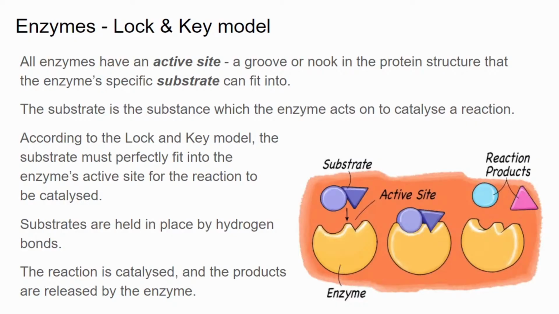The substrates, once they're bound to the active site, are held in place by hydrogen bonds, and then our enzyme is able to catalyse the reaction. Once it has catalysed the reaction, our products are released here. If there is any change to the shape of our enzyme, it will affect the shape of the enzyme's active site, which will mean that our substrates are not able to bind and our reaction cannot proceed.